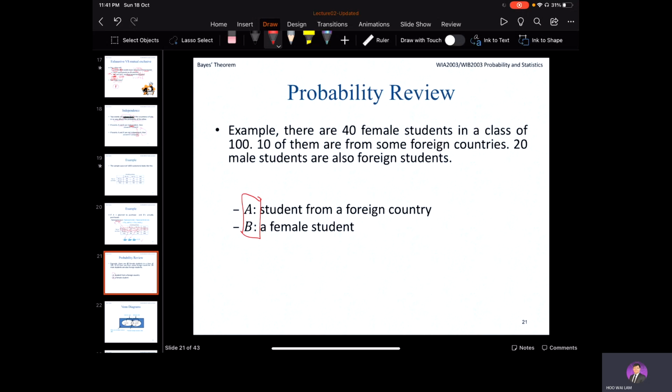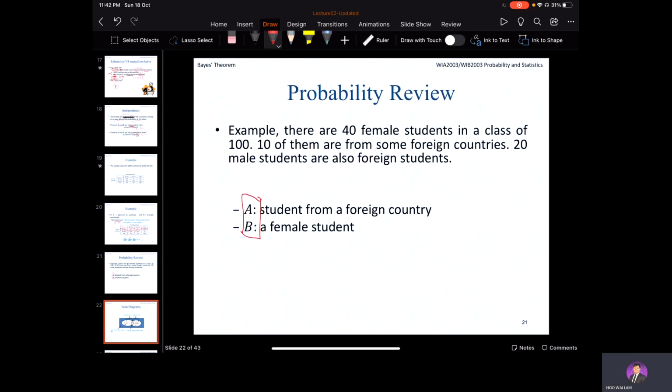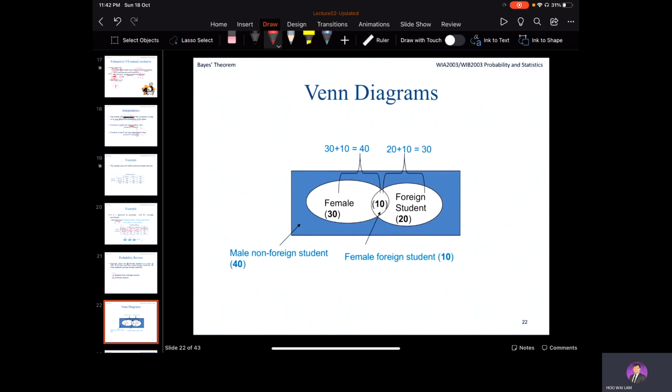So how can you draw it? Let's take a look. We have 40 female students in a class of 100. We start from getting the female total of 40 first, right?